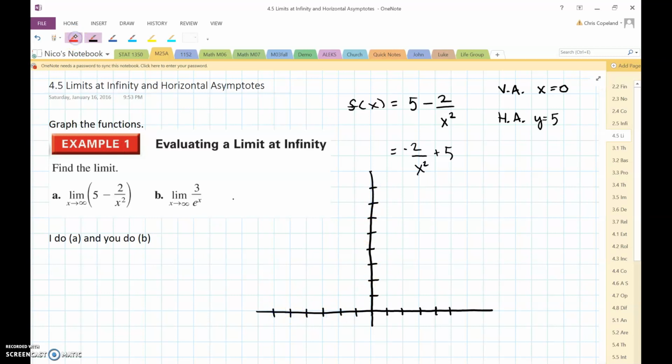Okay, so we've got our vertical asymptote right here, which is x equals 0. We have a horizontal asymptote, 1, 2, 3, 4, 5, at the line y equals 5. And we're going to use a table to figure out how to graph the rest of this.